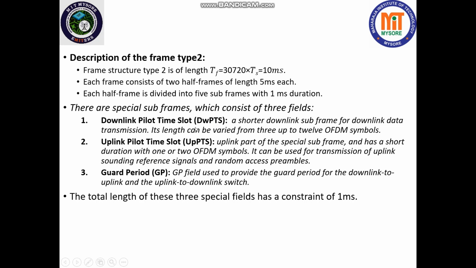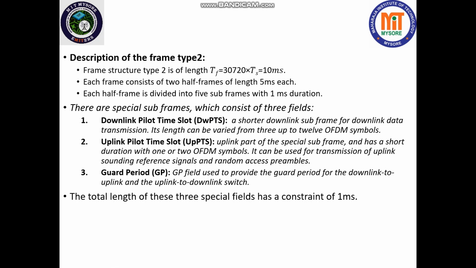Downlink pilot time slot is a shorter downlink subframe for downlink data transmission, indicating that the subsequent data is downlink. Its length can be varied from 3 to 12 OFDM symbols. Uplink pilot time slot indicates that the data is uplink. Third is the guard period.